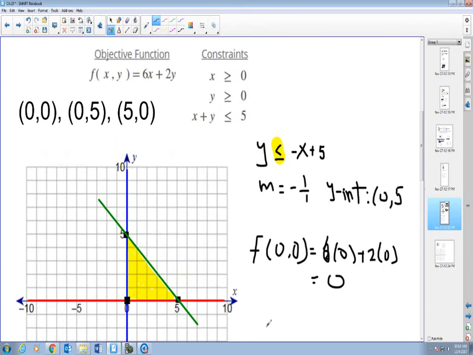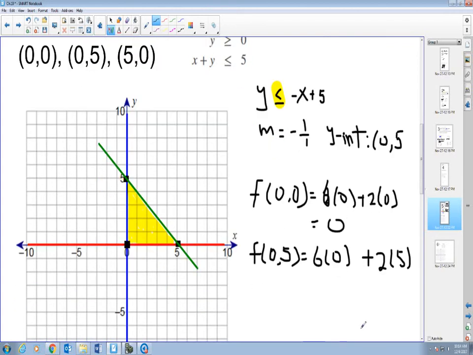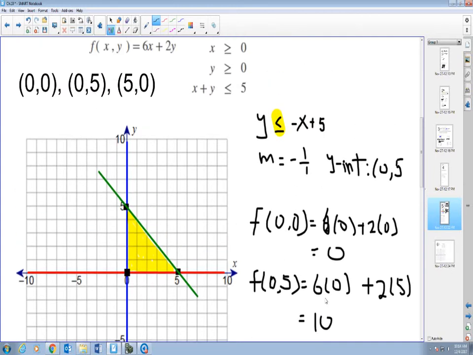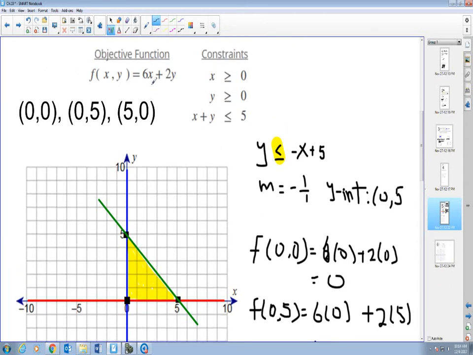Now I substitute 0, 5. Alright, 6 times 0 plus 2 times 5. So that will be 10. Alright. Substitute 5, 0.